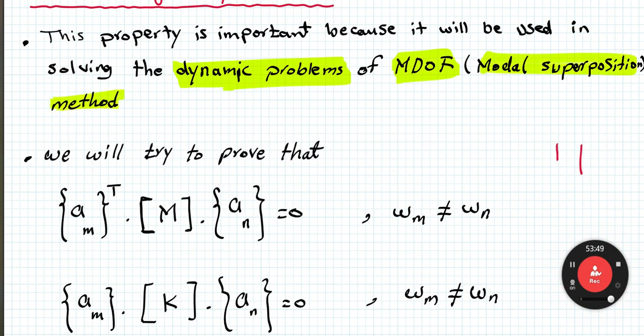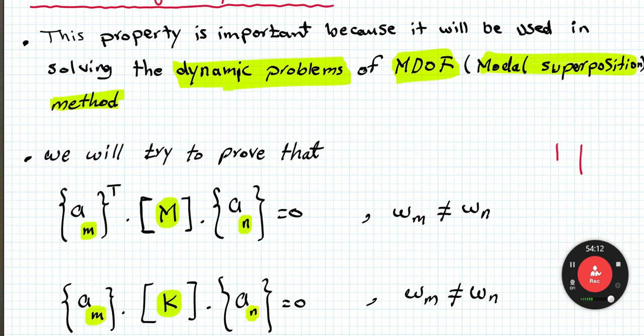What is this orthogonality condition? We have two different conditions. The first one is related to the mass matrix. The other one is related to the stiffness matrix. And both of them deal with two different mode shapes, M and N.